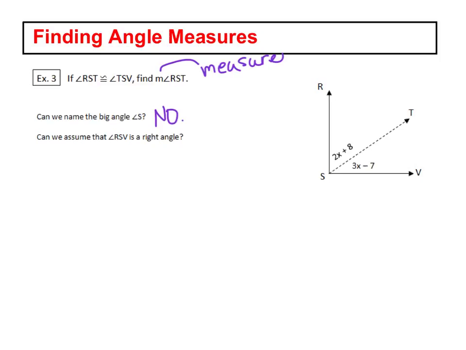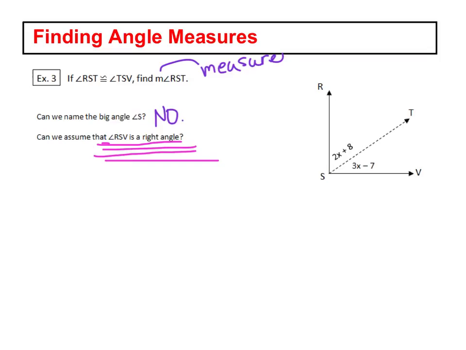And then the next question, can we assume that angle RSV is a right angle? So you want to be very careful with this idea. I see a lot of students get into trouble in geometry when they assume that something is a right angle. Now, it might look like a right angle, but a right angle is 90 degrees. 91 degrees or 90.5 degrees looks just like 90 degrees to us.